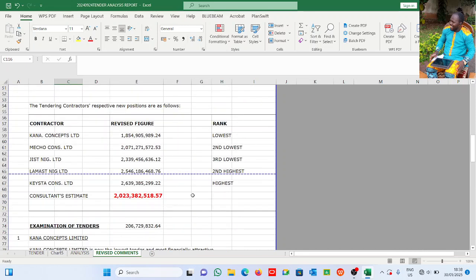In my expert opinion, I, as a QS, will advise that since the QS estimate is 2,023 million, I will advise that both MECO and GIST, let me highlight it so that you see my own advice. Whatever you want to advise, you can advise your client. This is what I will advise my client.